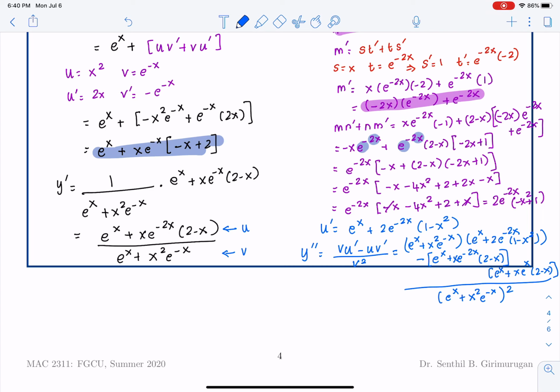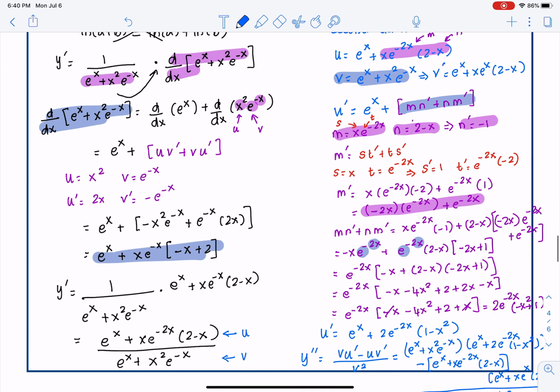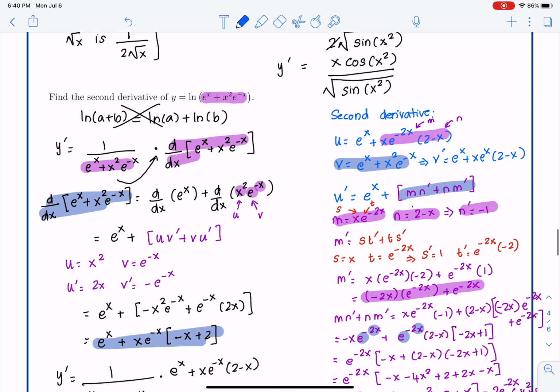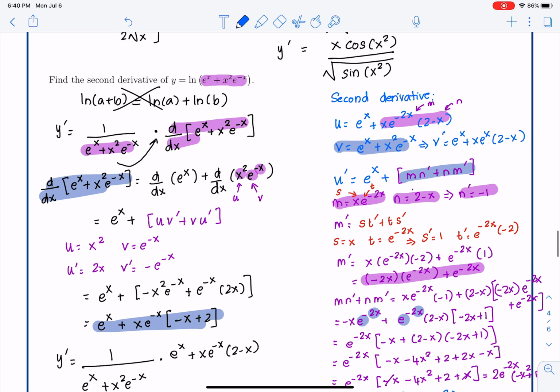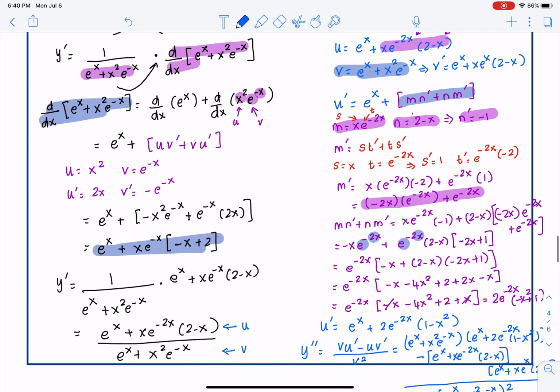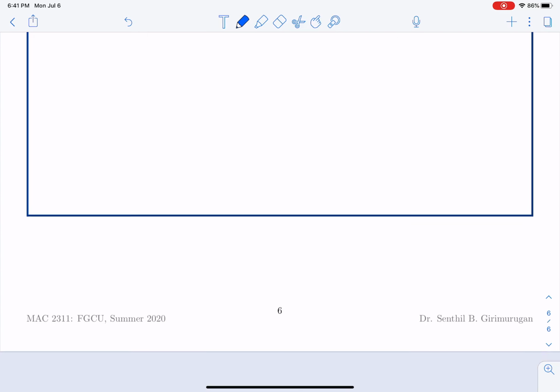That is a lot of work. We can still simplify this algebraically, and that would take a lot of time. Is there a different way to approach this problem? Let me see if I can add a page here.